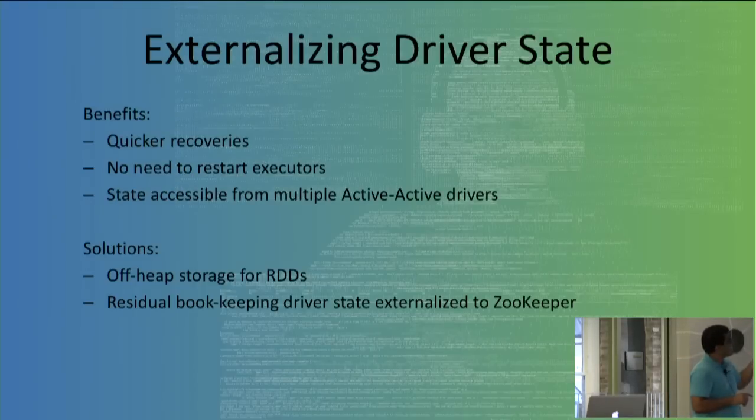What if we add residual bookkeeping from the driver? What if we store just that portion of the state into an external system like, say, Zookeeper, right? Just to make it clear, only the bookkeeping state is being put into Zookeeper, okay?